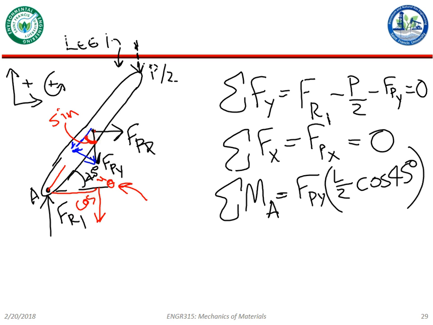Okay, let's try explaining this a different way. I can figure out how this angle corresponds to this one based on what this should equal when this is a particular value. So if this pole is straight up, that means that FPY would be going straight down, right?